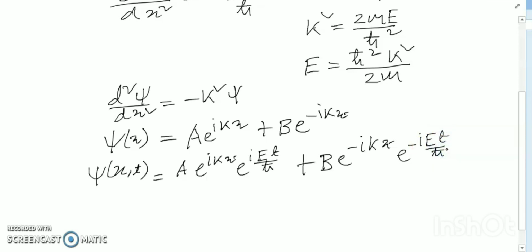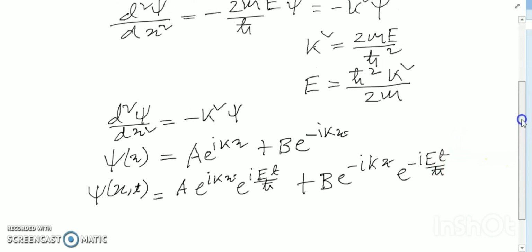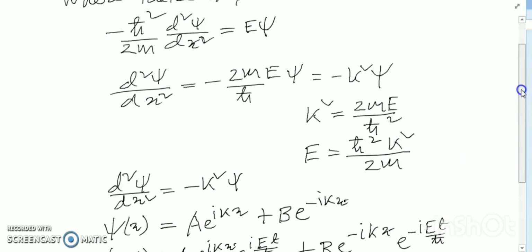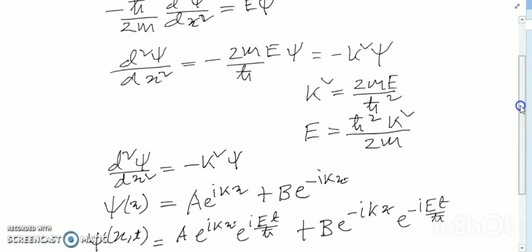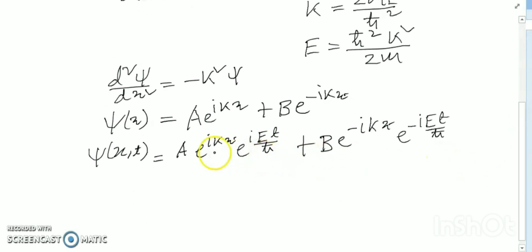Okay, so is it possible when it is psi of x comma t? This is the time independent part. Okay, so psi of x comma t.